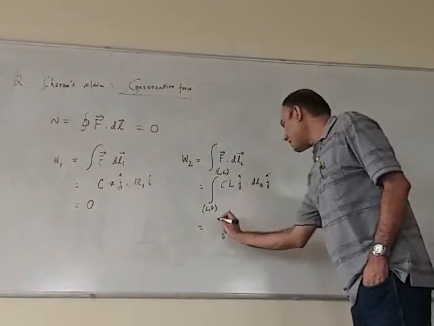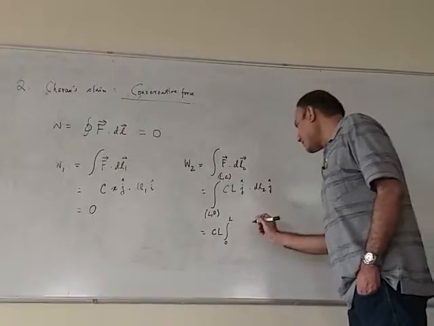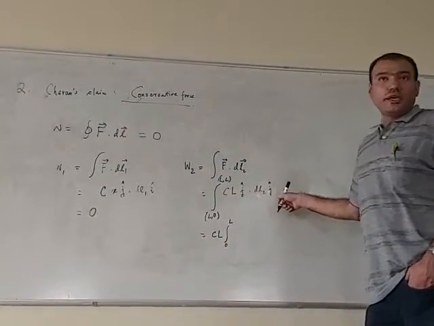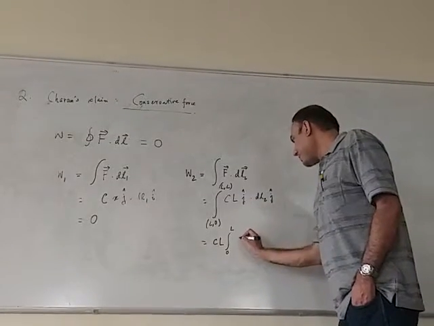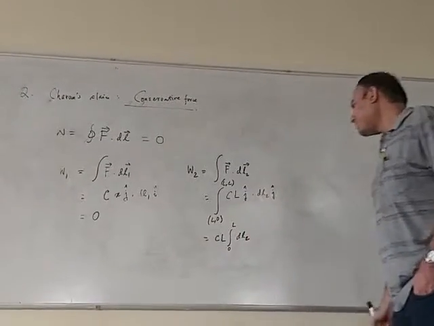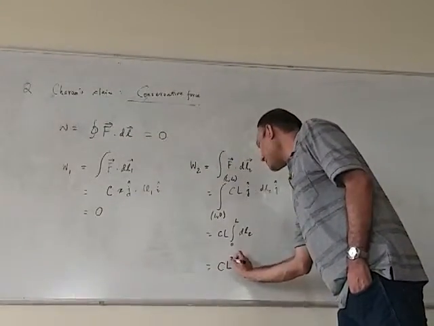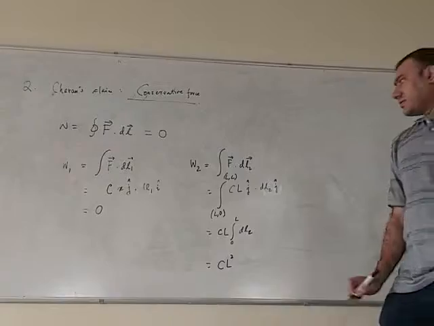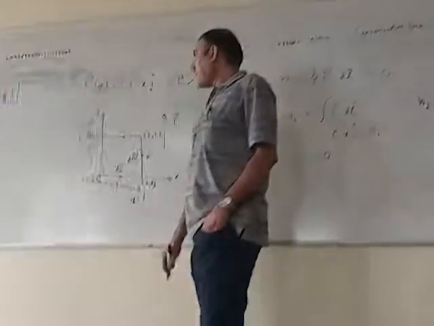So you can take out the constant factors outside the integral as you usually do. j dot j is just 1. So it's just the integral of dl2, which will give you cL squared. So that's the work done due to the second leg.